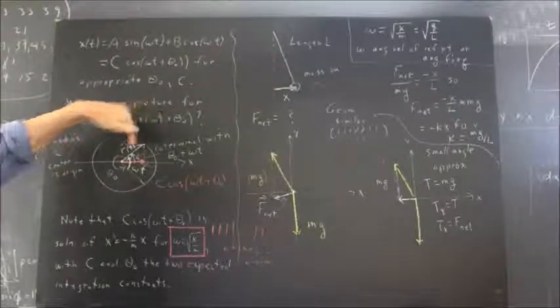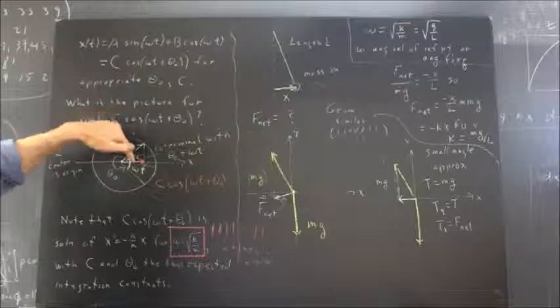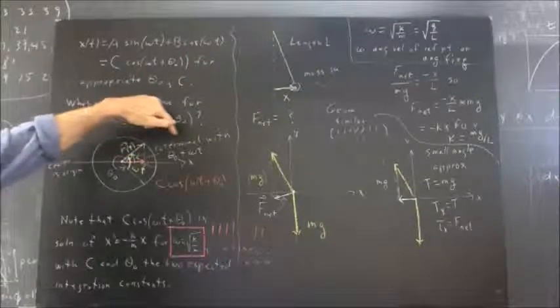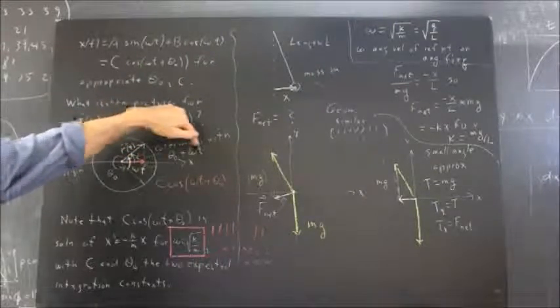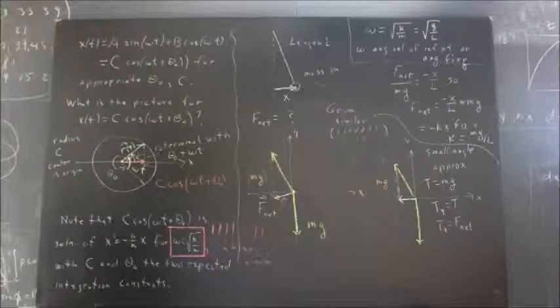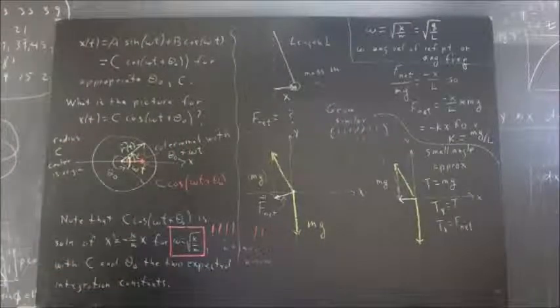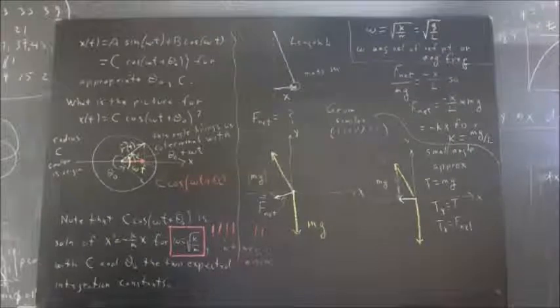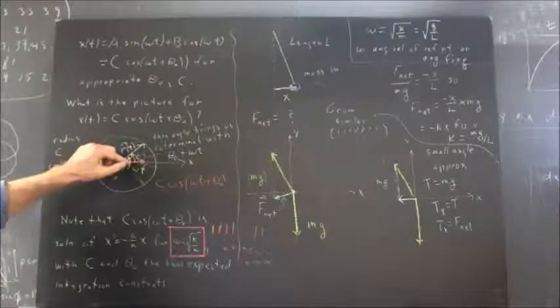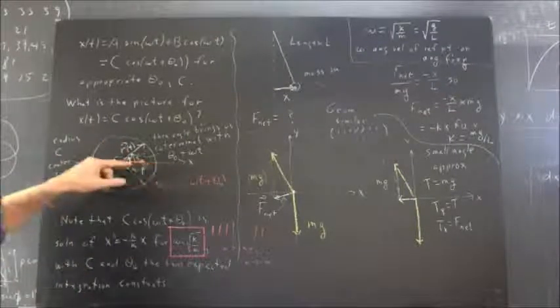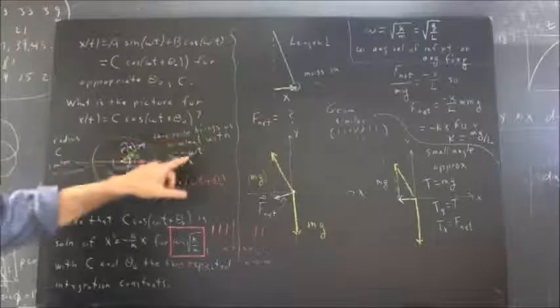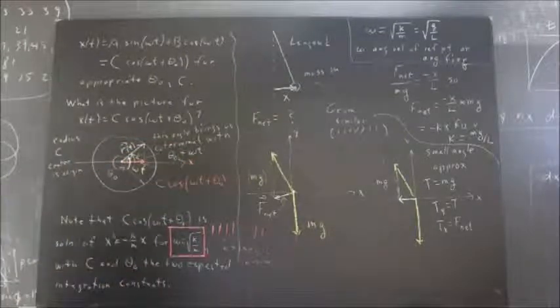Now we'll say that this angle here brings us to a point that's coterminal with theta naught plus omega t. And I should expand that statement just a little bit. Okay, this little note just says this angle here with the positive x-axis brings us coterminal with theta naught plus omega t.